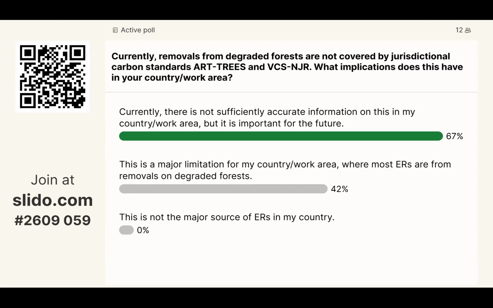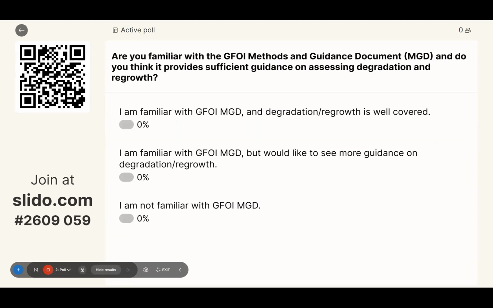Excellent. So maybe we want to move to the final poll question. All right, so the final poll question gets back to the GFOI methods and guidance document. First question is, are you familiar with it?